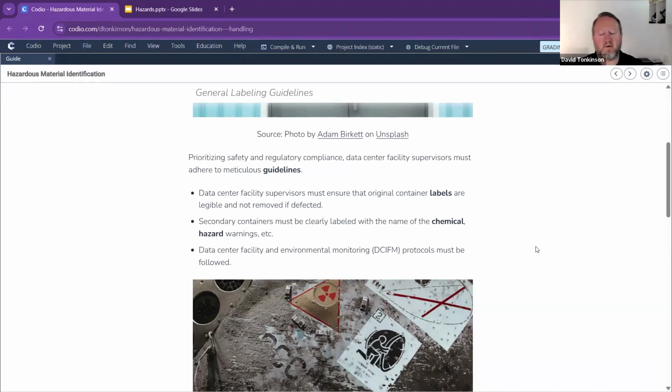Secondary containers. Now, what's a secondary container? Anyone fancy telling me what secondary container is in live chat? I have a few questions we're going to throw in because we've got some time today. Anyone know what a secondary container is?